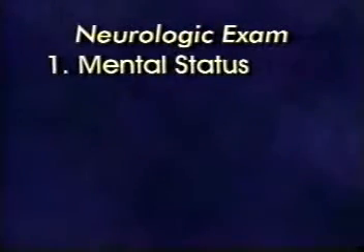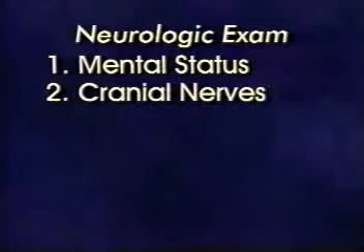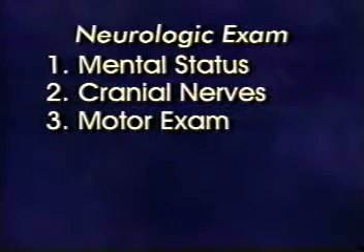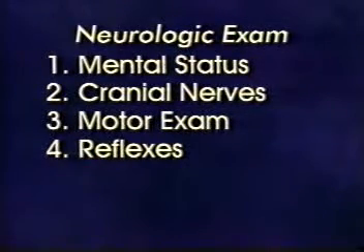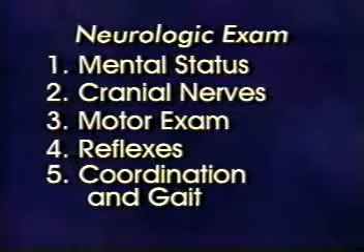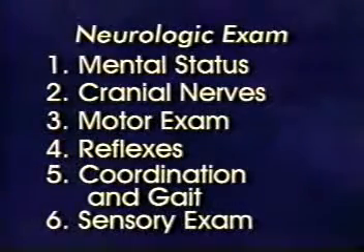Although there are some variations in style from clinician to clinician, the format we will describe here is fairly conventional and consists of the following 6 parts: mental status, cranial nerves, motor exam, reflexes, coordination and gait, and finally, the sensory exam. In this video, we will demonstrate how to perform each part of the neurologic exam.